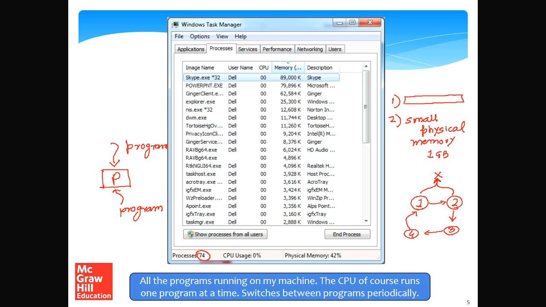But even if it switches, we have to ensure that if one program has written to, so let's assume that this is the memory space that we have, if one program has written to these regions of the memory space, then the next program does not touch these spaces. Otherwise, there'll be a problem. So we need to solve this.